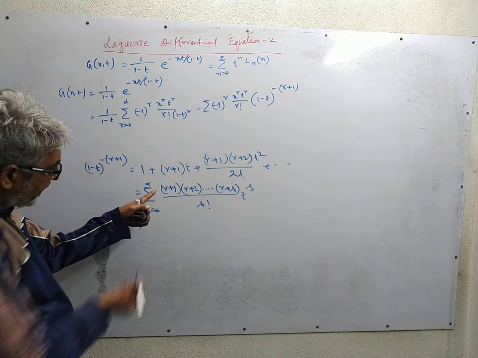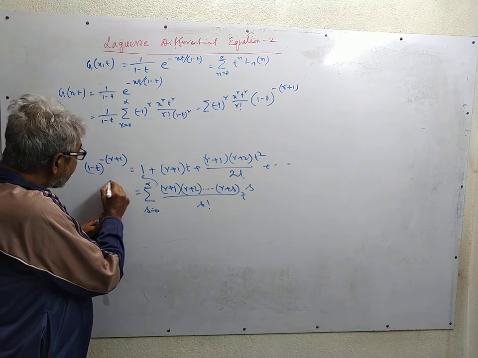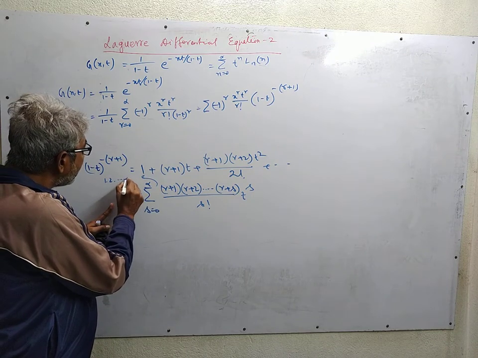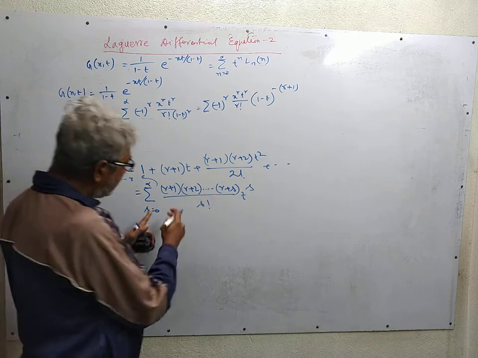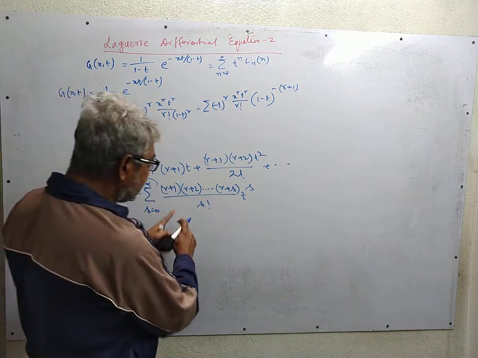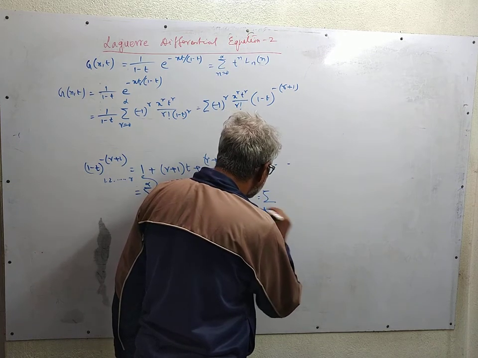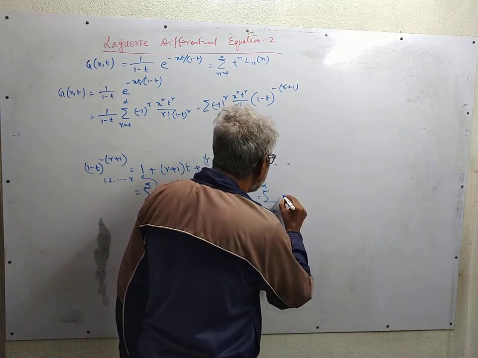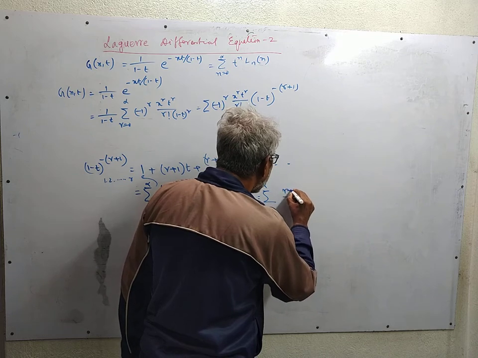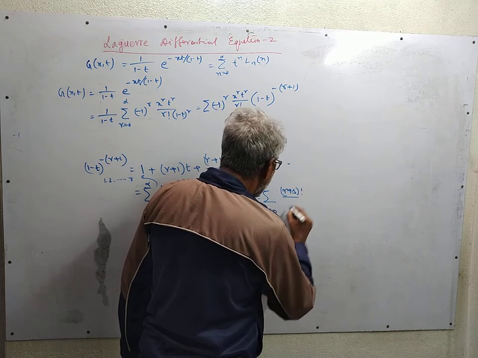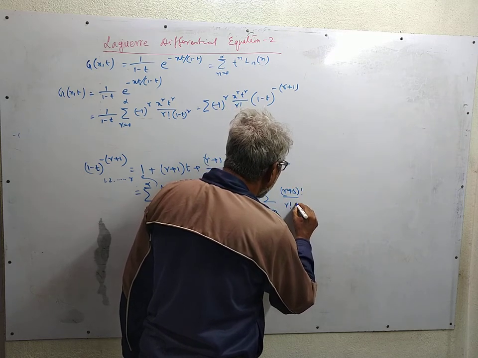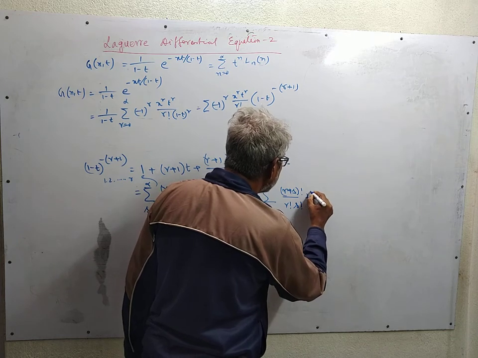If we multiply here the factors 1, 2, 3 up to r, and these factors are adjusted in the denominator, this becomes summation over s from 0 to infinity, where the numerator is (r plus s) factorial, and in the denominator we have r factorial, s factorial, t to the power s.